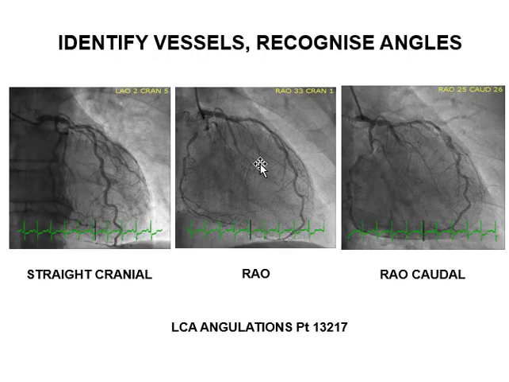And that shows it very nicely here. And caudal angulation, especially RAO caudal, separates the circumflex very nicely and is a good view for the circumflex. Remember, cranial angulation is good for LAD and diagonals. Caudal angulation is good for the circumflex.